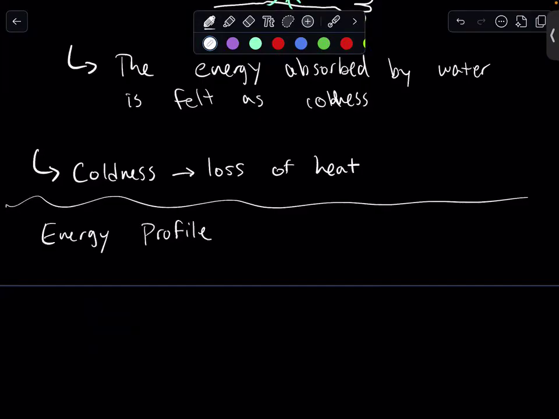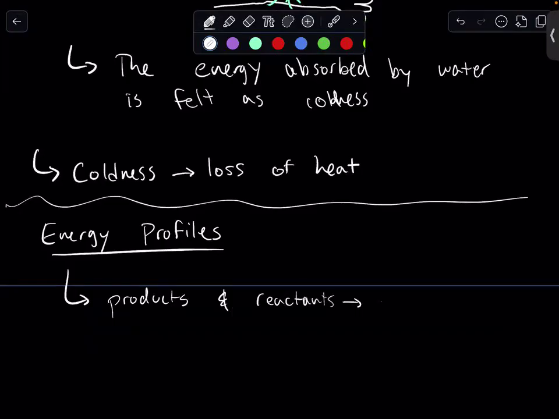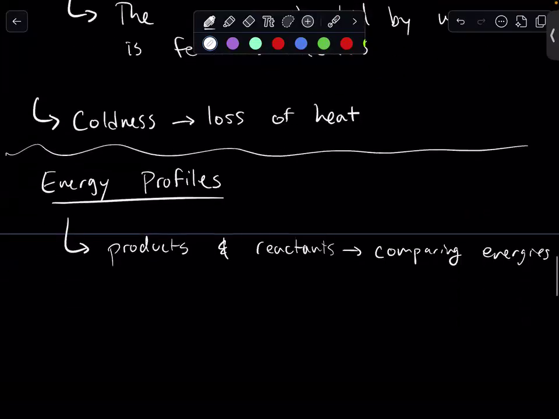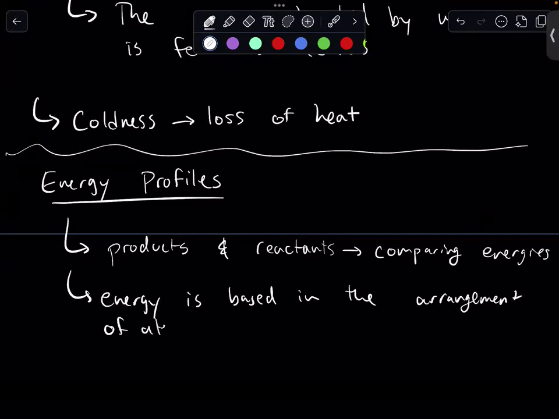So what the heck are energy profiles and how do we use them? Well, energy profiles are what we use when we're looking at products and reactants, and we're comparing relative energies. So like which one has more, which one has less energy. Because the energy is based in the arrangement of atoms and bonds.